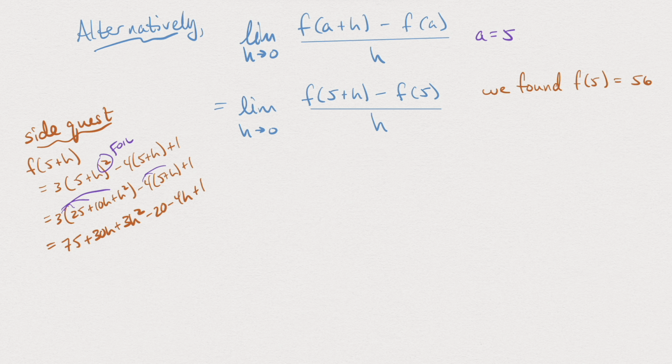Simplifying this, we have some like terms. 75 minus 20 is 55, plus 1 is 56. 30h minus 4h, so let me just underline these so we can see. 30h minus 4h is 26h, plus 3h squared. All of that lives inside this block right here.